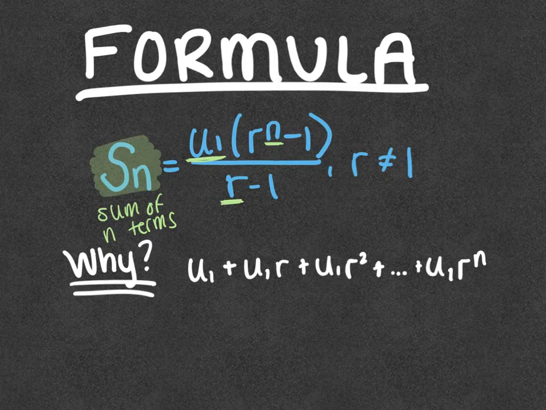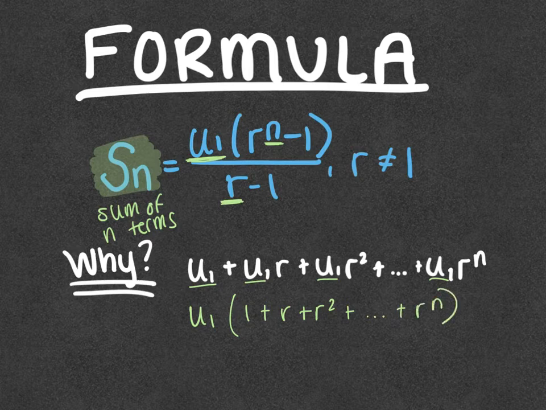So the reason why this works is if we look at an expansion of a geometric series, all of the terms always have u1. So we can factor out a u1, and we'd be left with 1 plus r squared, and that would continue on until we get r to whatever power.